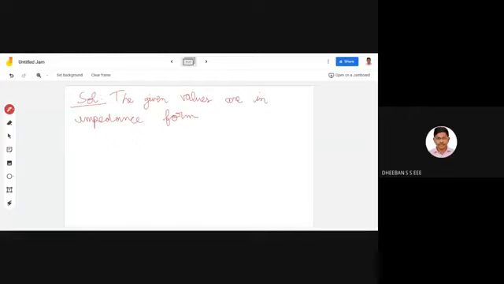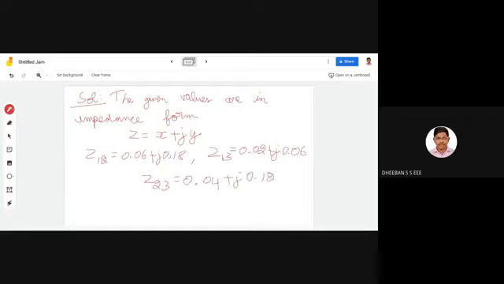The impedance here is represented as z equal to x plus jy. As per the given data, Z12 is 0.06 plus j0.18, Z13 is 0.02 plus j0.06, and Z23 is 0.04 plus j0.12.